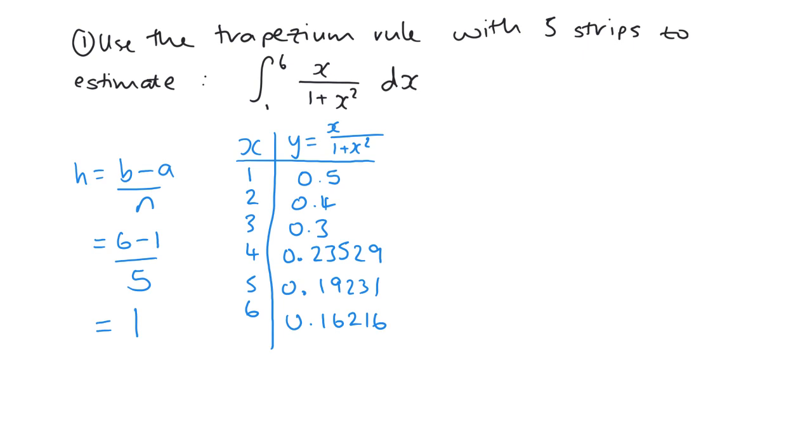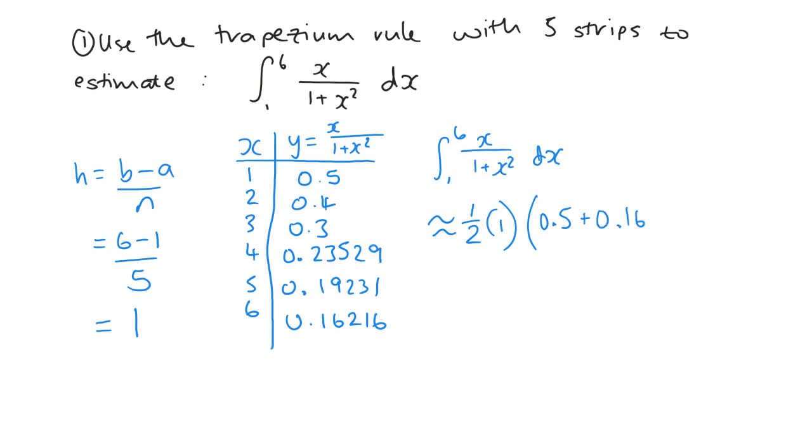Then to put it in the trapezium rule, now this time it's not saying find the area, it's just saying approximate this. So this is approximately equal to half times h, and h we said was 1, times the first ordinate plus the last ordinate, plus 2 times all the ones in between.